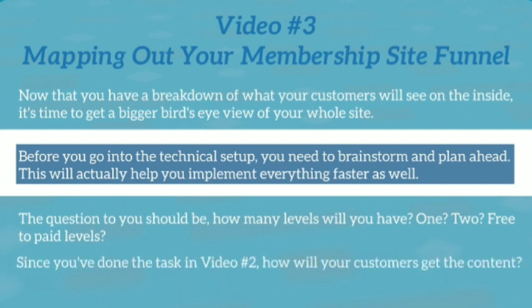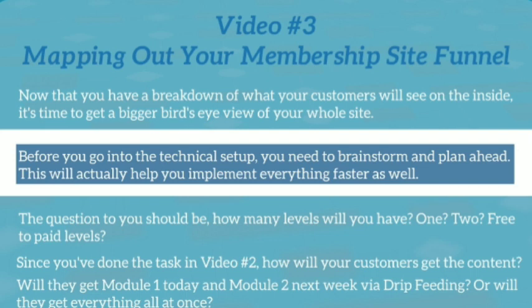Now, since you've done the task in video number 2, or at least now you have an idea about breaking things up and how your customers will get the content, the question now is, how are you going to deliver the content?